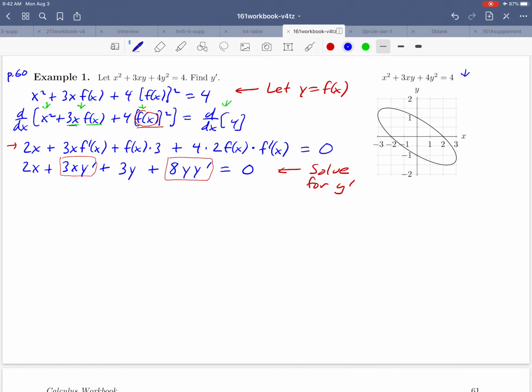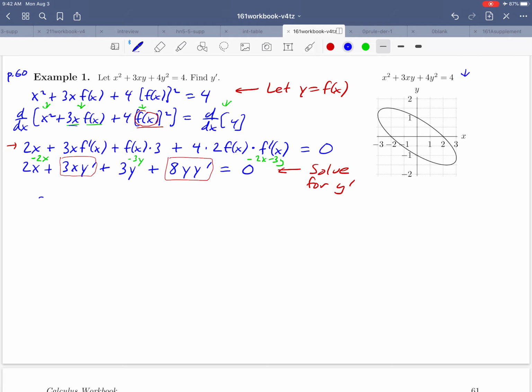Well, you might remember this from algebra. What we can do is use the technique of factoring. So what we'll do is take all of the terms that don't have a y prime in them and move them to the right side of the equation. So we're going to subtract 2x and we're going to subtract 3y from both sides here.